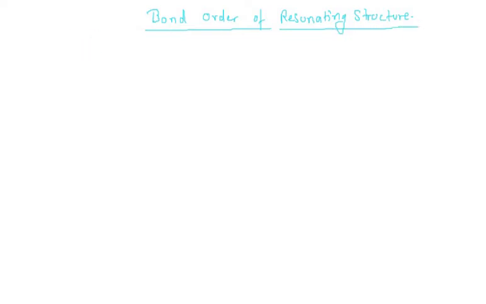Let's start with, first of all, what do you mean by bond order? Bond order represents the number of bonds present between two atoms in a molecule or any species.